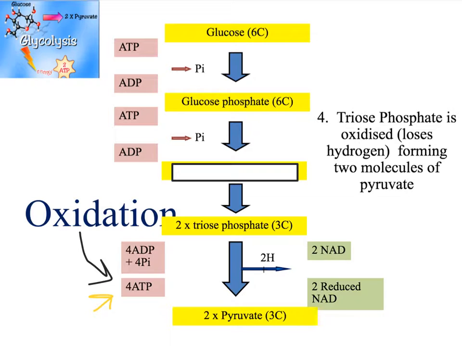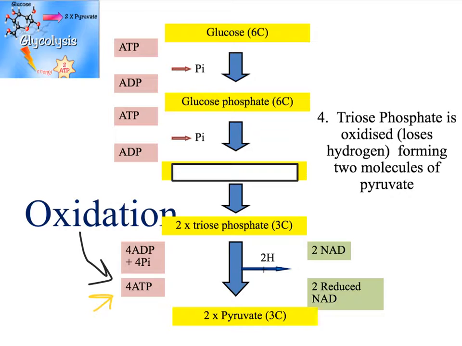Now, the triose phosphate contains a phosphate, and that is used; it combines with ADP and produces ATP. As you can see, there are two molecules of triose phosphate. Each molecule produces two ATP molecules, so therefore we can say there is a net gain of 2 ATP.